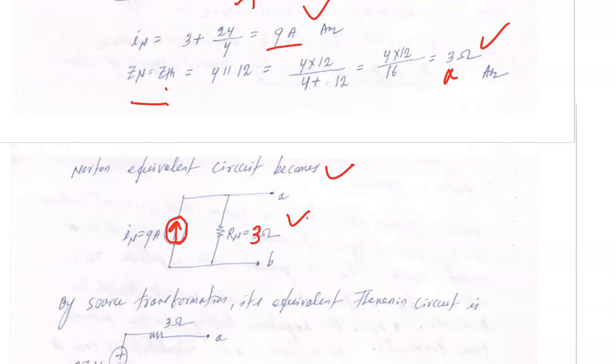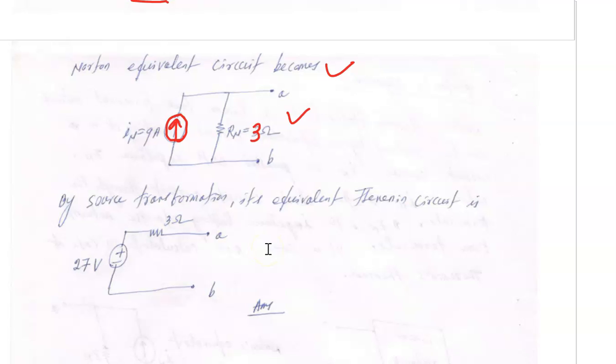And immediately you can find the Thevenin voltage and Thevenin impedance by making a source transformation. The Thevenin voltage will be 9 into 3, that is 27 volt, and the Thevenin impedance is the same as usual.